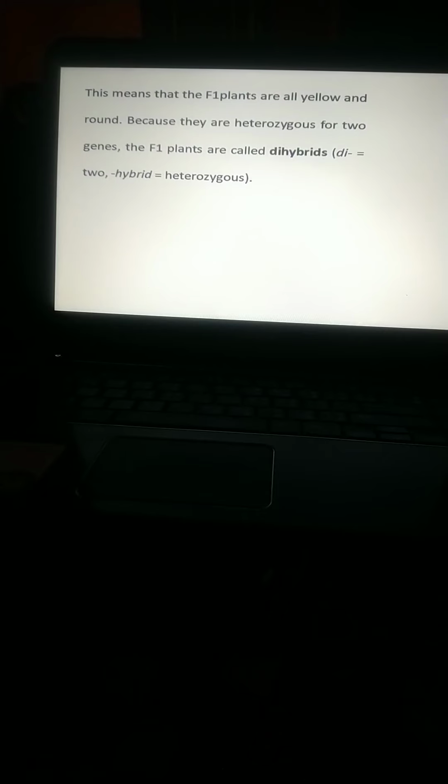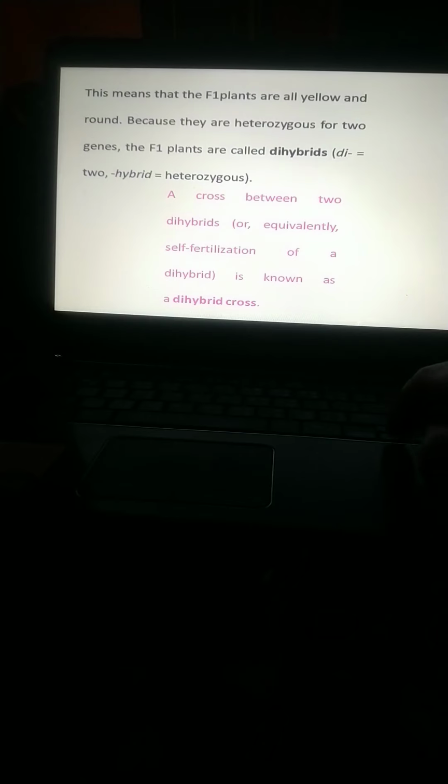The F1 plants are called dihybrids. Di means two, hybrid means heterozygous. A cross between two dihybrids, or equivalently self-fertilization of a dihybrid, is known as a dihybrid cross.